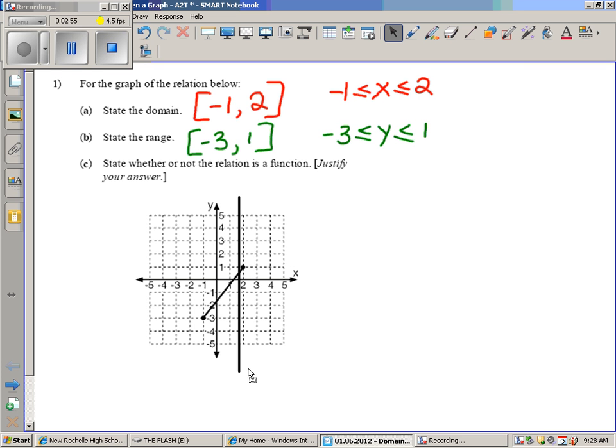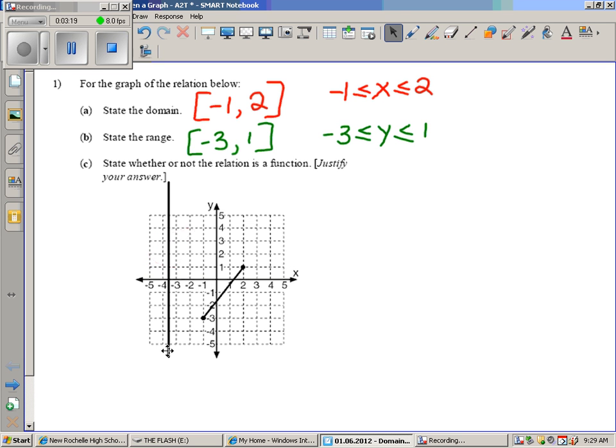How we're sweeping it through? Do you see how it only hits once on the graph, hits once on the graph, hits once on the graph? That's different than suppose our homework was like this, and you see how it hits twice? This is not a function. That thing in red is not a function.